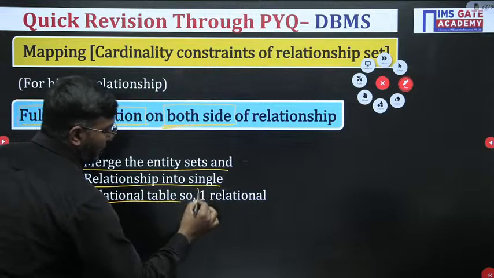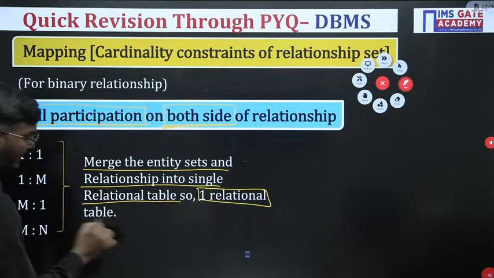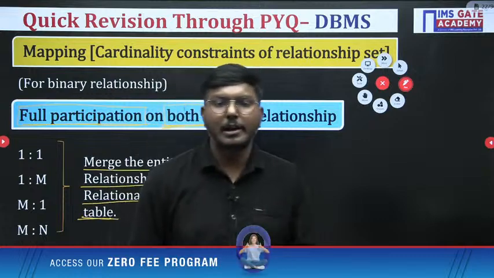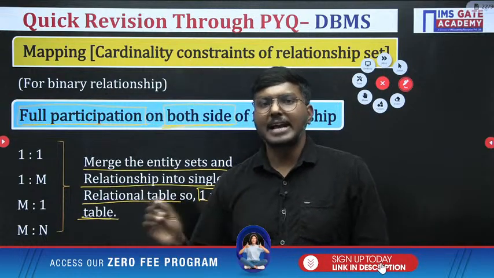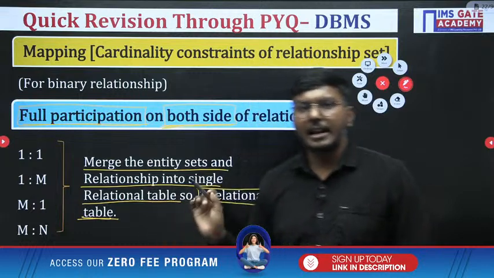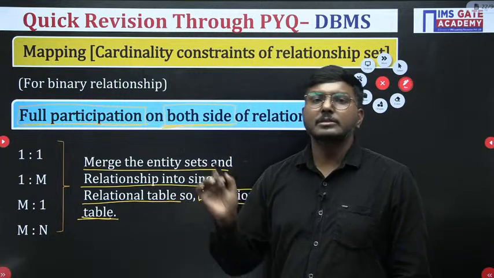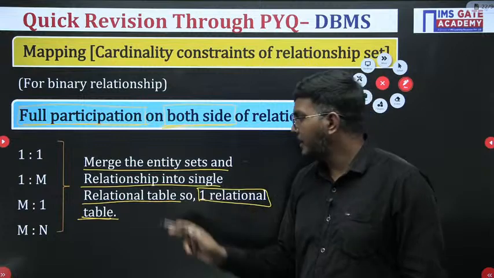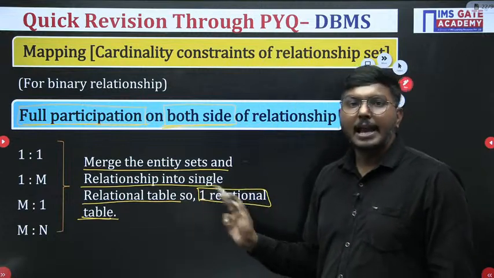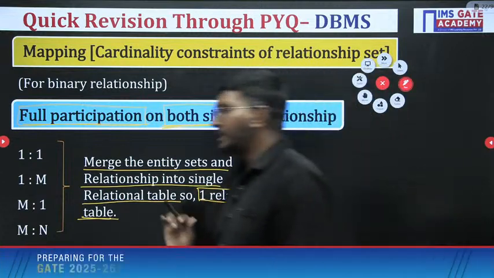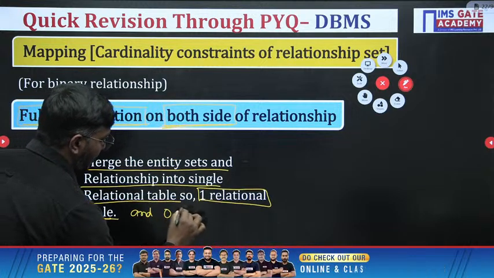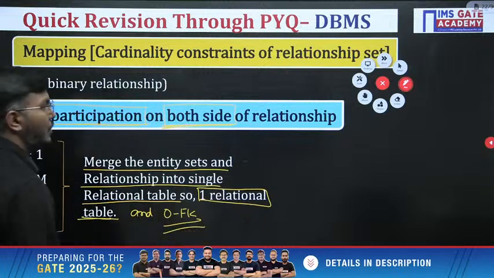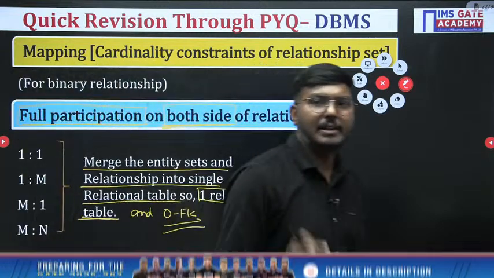Ultimately, whether it is one to one, many to one, or many to many, if both sides have total participation, the relationship set gets merged along with the entity set and forms a single table and zero foreign keys. Fine, single table and zero foreign keys.